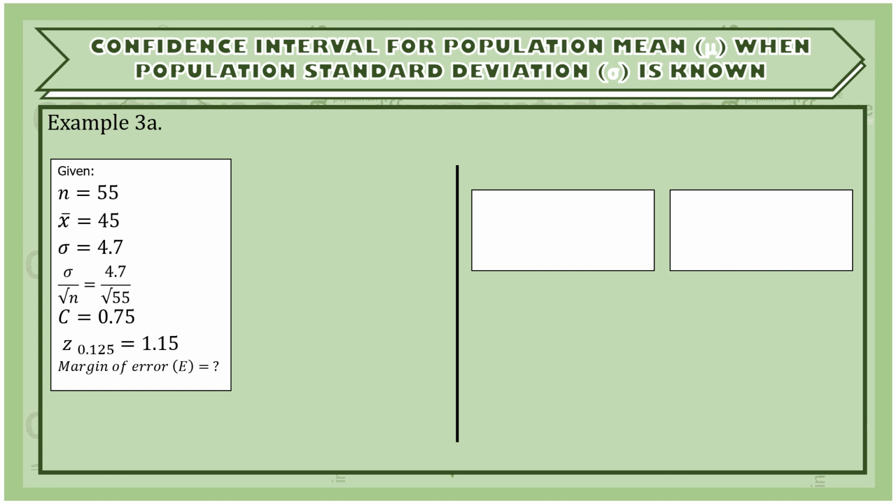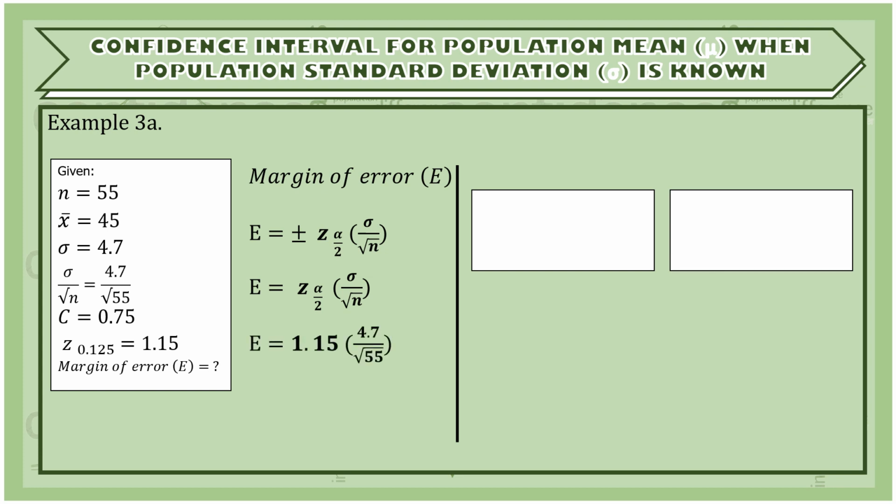Seventh is solve for the margin of error. Then, substitute the result critical value and standard error to the formula. Therefore, our margin of error is 0.73. Then 8 is solve for lower limit and upper limit.